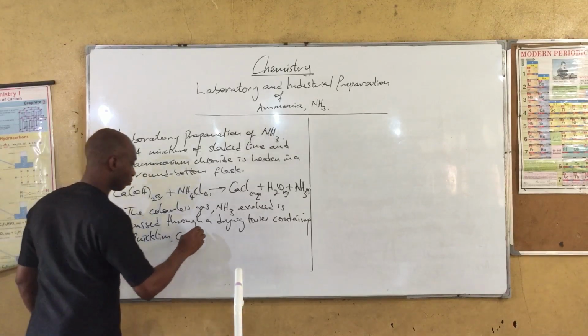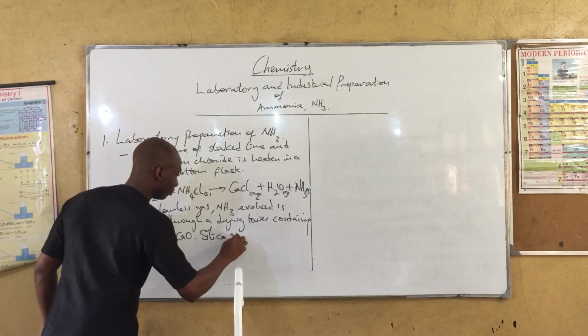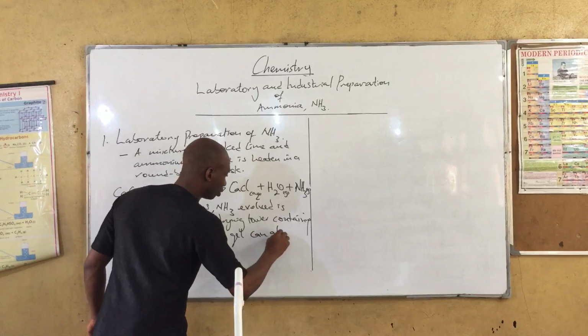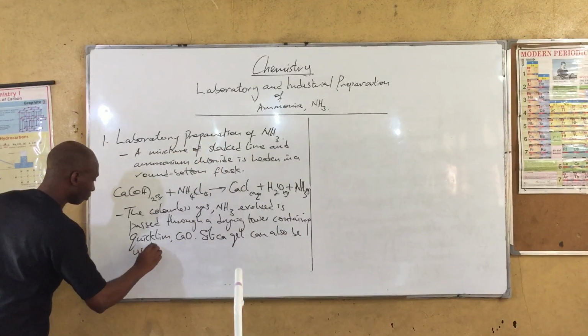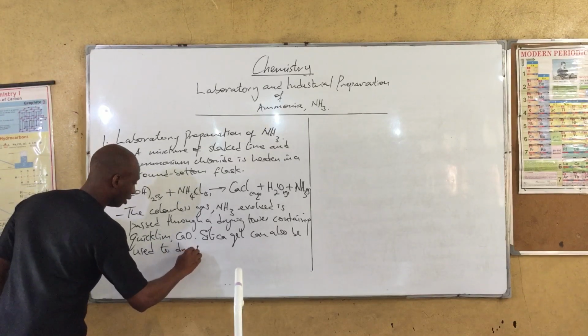All right? So remember, silica gel can also be used to dry ammonia gas.